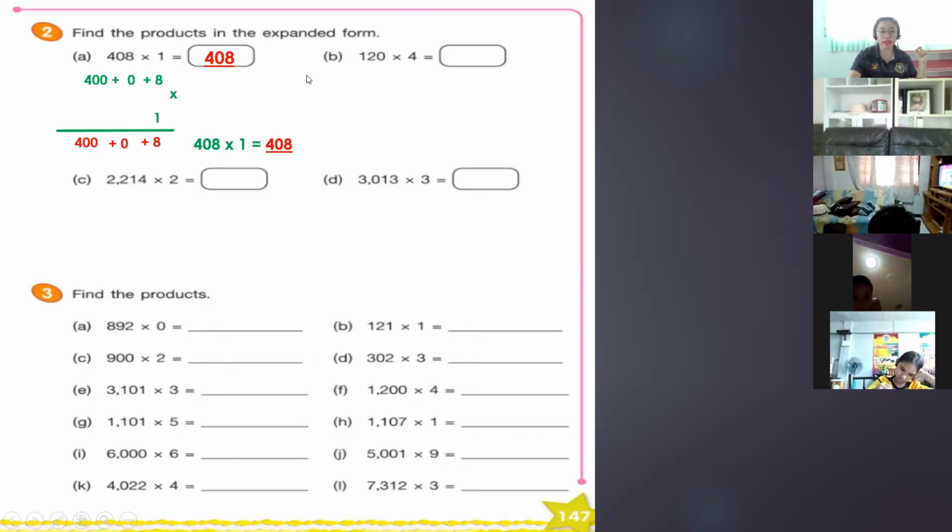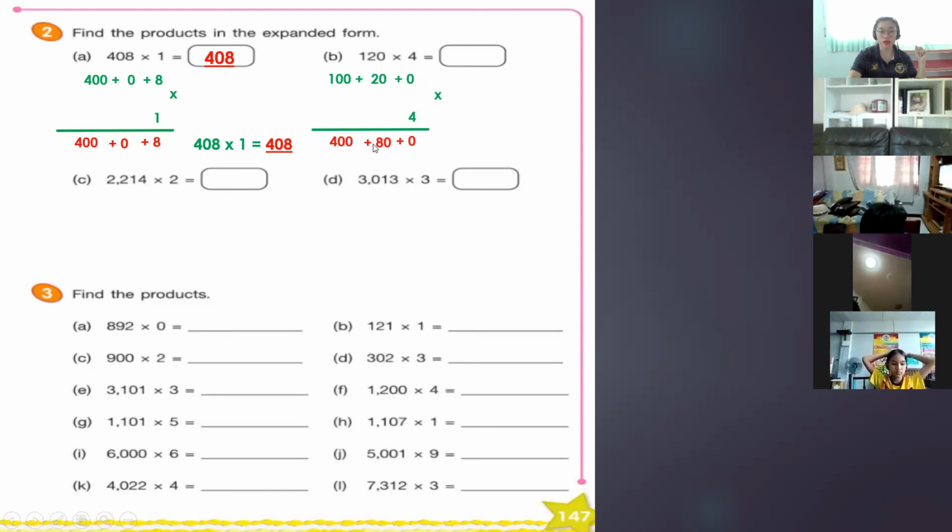Next is letter B. We have 120 multiplied by 4. What is the expanded form of 120? We have 100 plus 20 plus 0. Multiply by 4. 4 times 0 is 0. 4 times 20 is 80. 4 times 100 is 400.